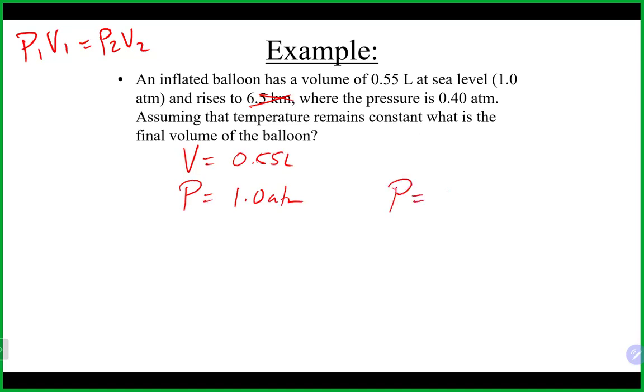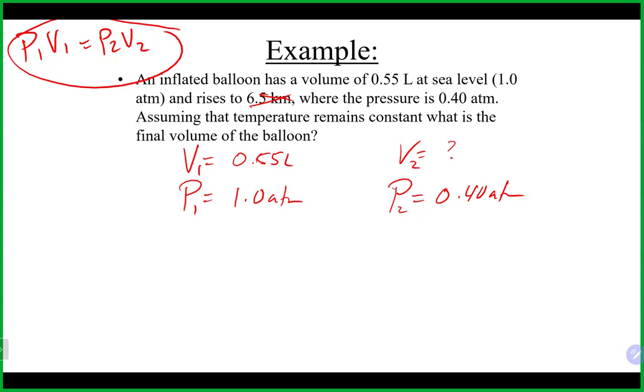We have another pressure that is 0.4 atmospheres. And we are looking for a volume. So you should be able to really see Boyle's law there just from labeling what everything is. A lot of times that could point you in the right way in terms of the formula that you should use. We're going to call the first one's 1 and the second one's 2. It really doesn't matter as long as you keep everybody together that goes together.